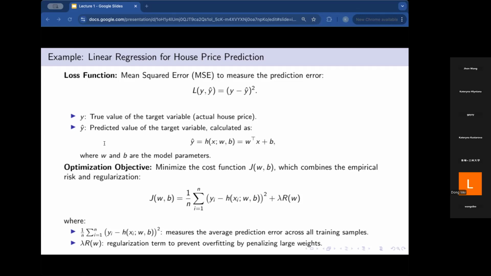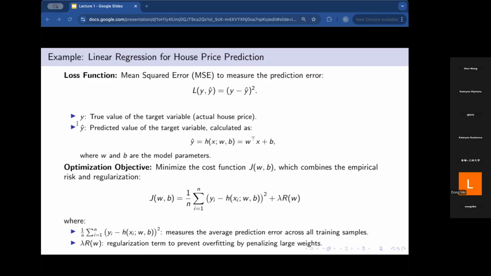The loss function used here is MSE. It is used to measure the prediction error. The loss function, denoted by L of y and y hat, is given by the square of the difference between the true value y and the predicted value y hat.